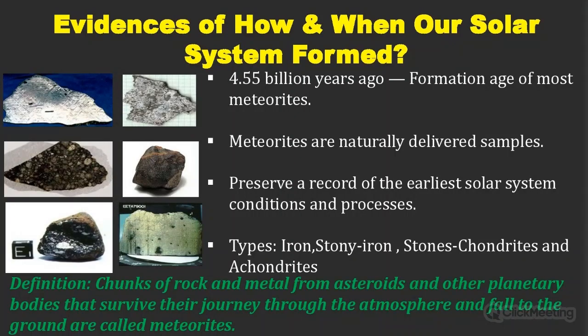Because on Earth we do not have evidences of early formation, we rely on this kind of sources which are naturally coming to us, and these can be further divided into different types: iron, stony iron, stones, chondrites, and achondrites. These meteorites are not always small in size. Sometimes these are of a few kilometers diameter.